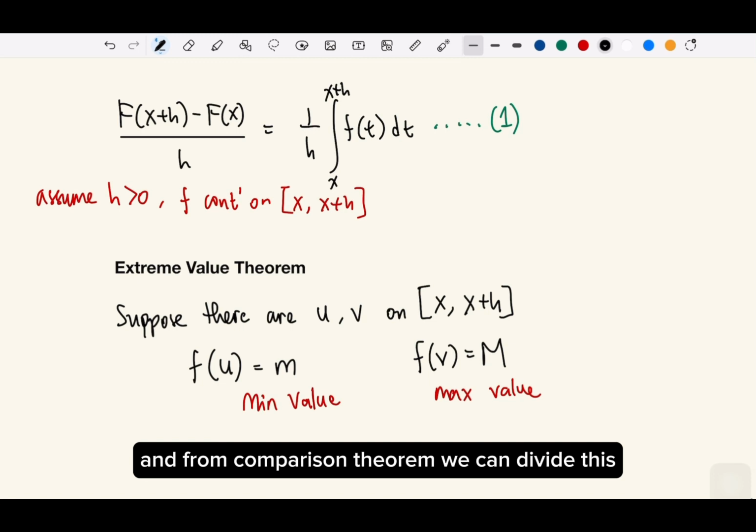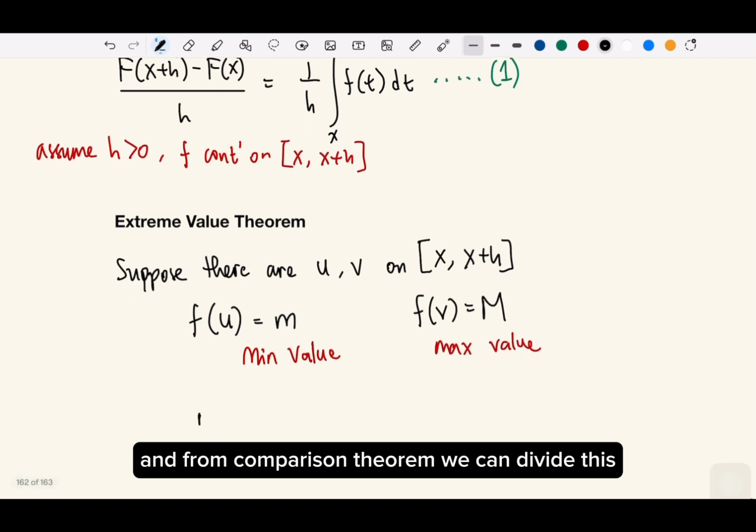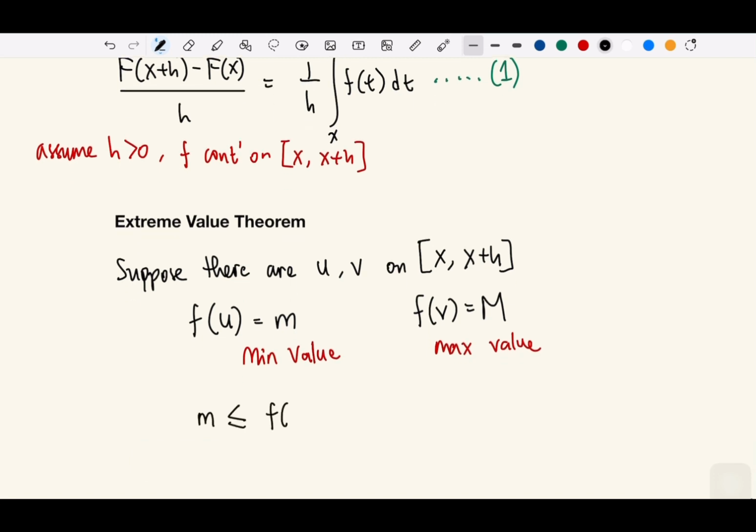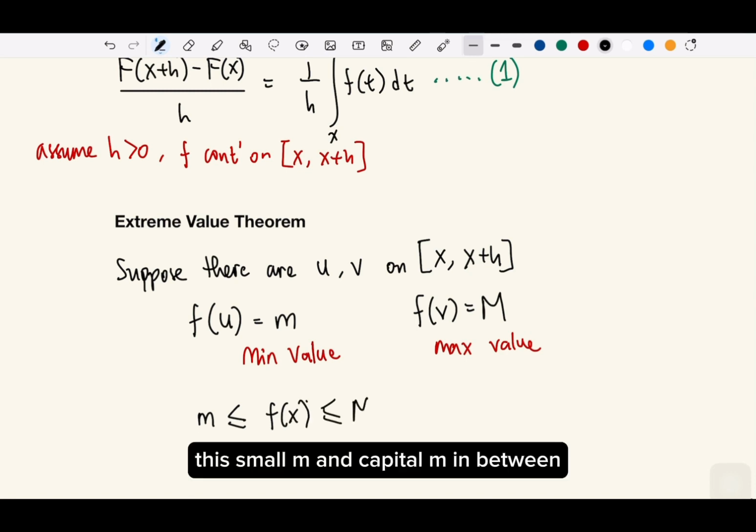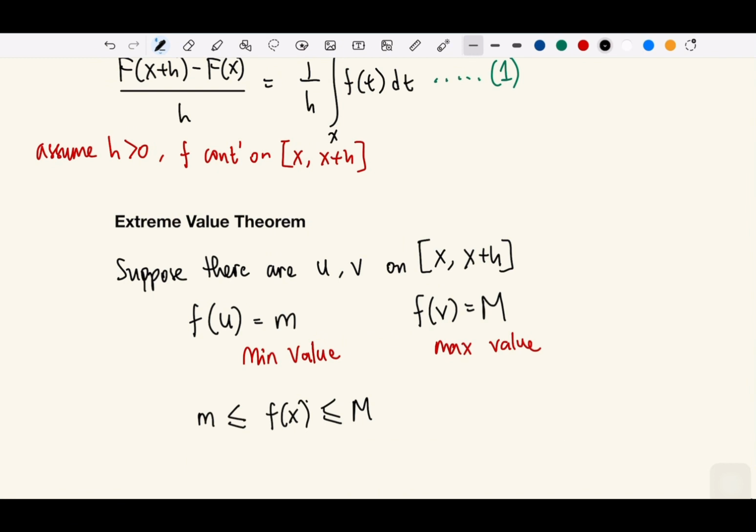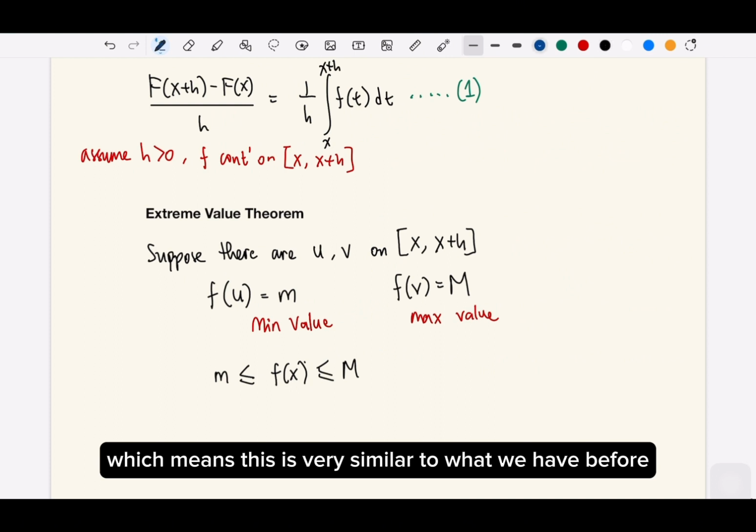And from the comparison theorem, f of x is in between small m and capital M. This is very similar to what we had before.